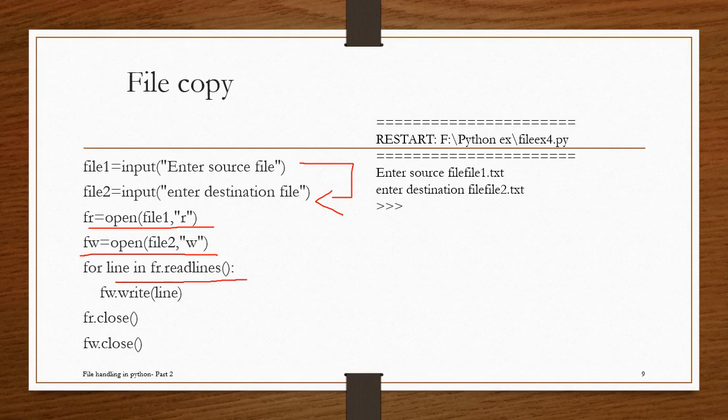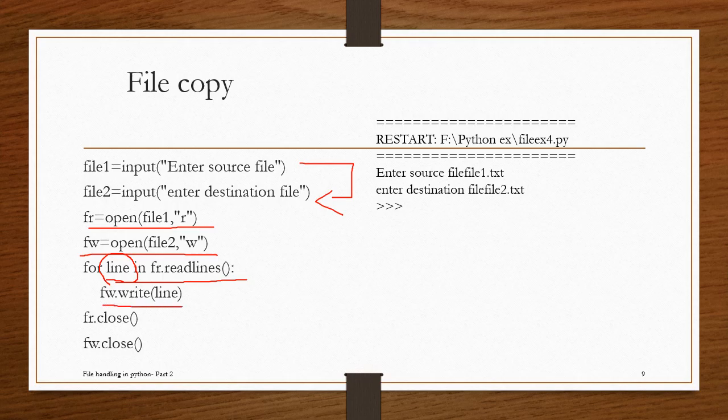For that, the readlines method is used. So till the end of file, each line in the source file will be read in each iteration into the line variable. Once it is read inside the for loop, it is written to the destination file.